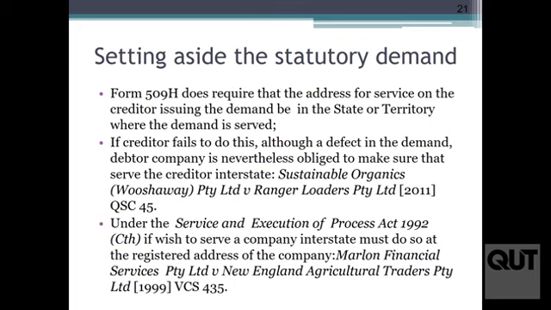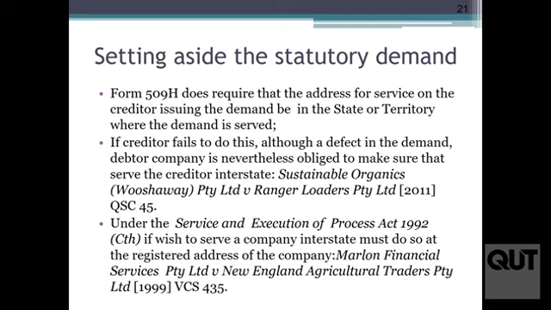If the creditor company serving the demand is in Victoria and the debtor company is in, say, Brisbane, so Queensland, they will have to serve the demand in Brisbane, and in addition, they're required to have an address in Brisbane where the debtor company can serve the creditor if they're trying to have the demand set aside.